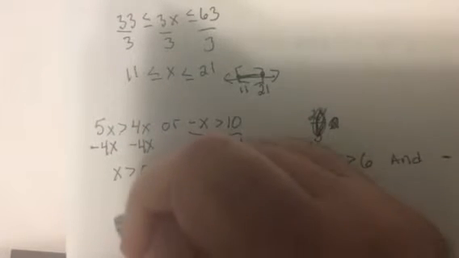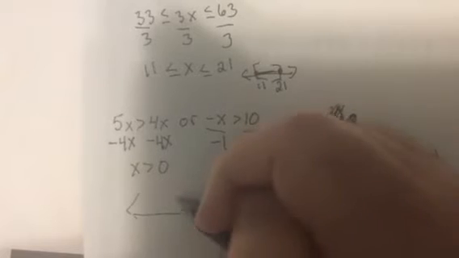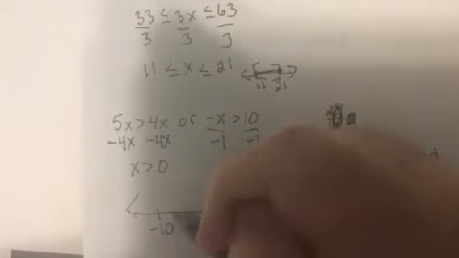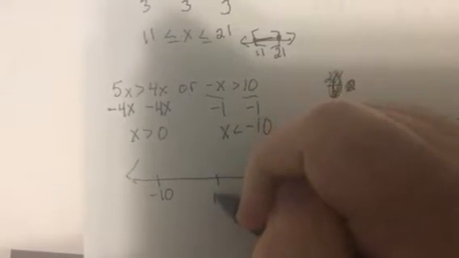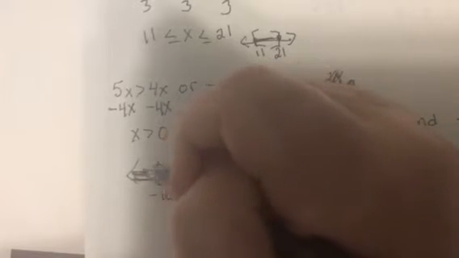So therefore it's or, so here's -10, here is 0, and this is going to be a typical looking or.